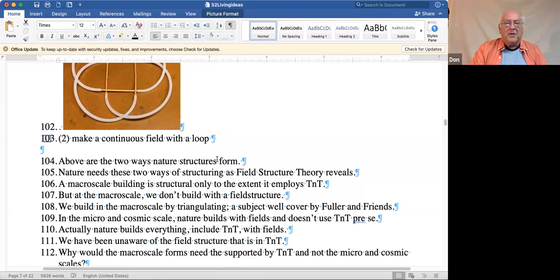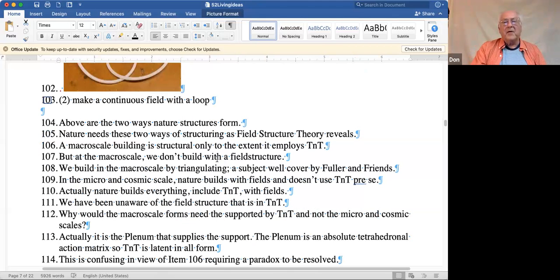We build a macro scale structure by triangulating, a subject well covered by Fuller and his friends. In the micro and cosmic scales, nature builds with fields and doesn't use TNT per se. I got to say per se because there's a qualification here that will come up later.